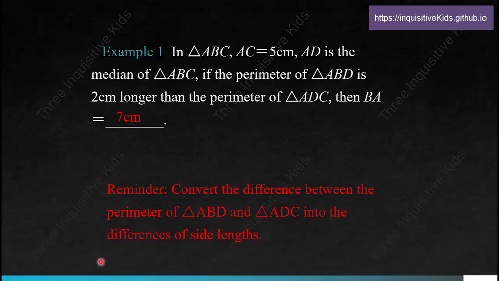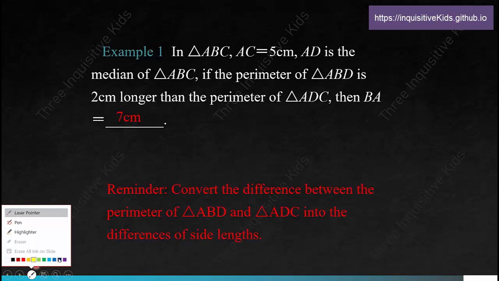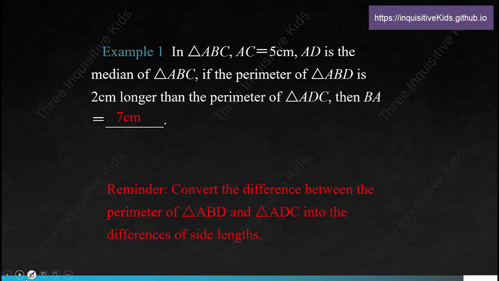So there's a triangle ABC. This isn't very good, but I think you get the idea here. And this is point A, B, and C. AC is 5 centimeters. And I'm going to omit centimeters for now.